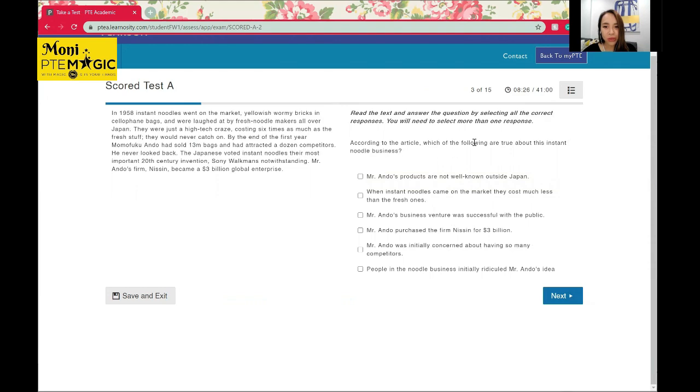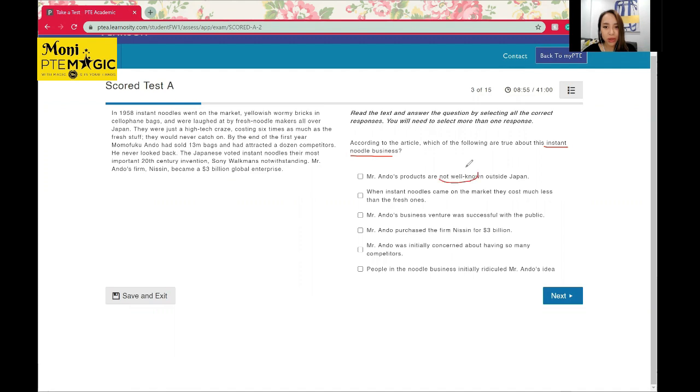According to the article, which of the following are true about this instant noodle business? So the keyword here is instant noodle business. The first one is Mr. Ando's products are not well known outside Japan.